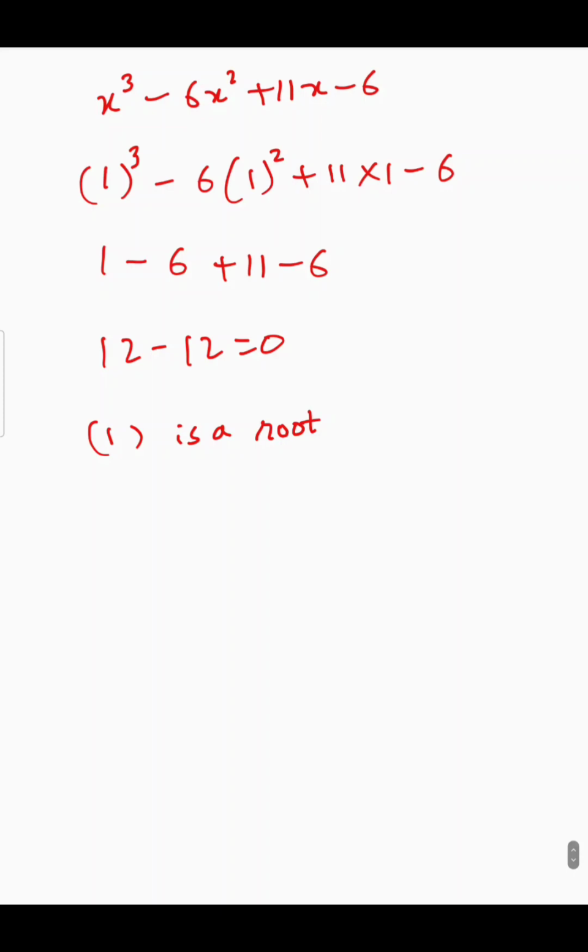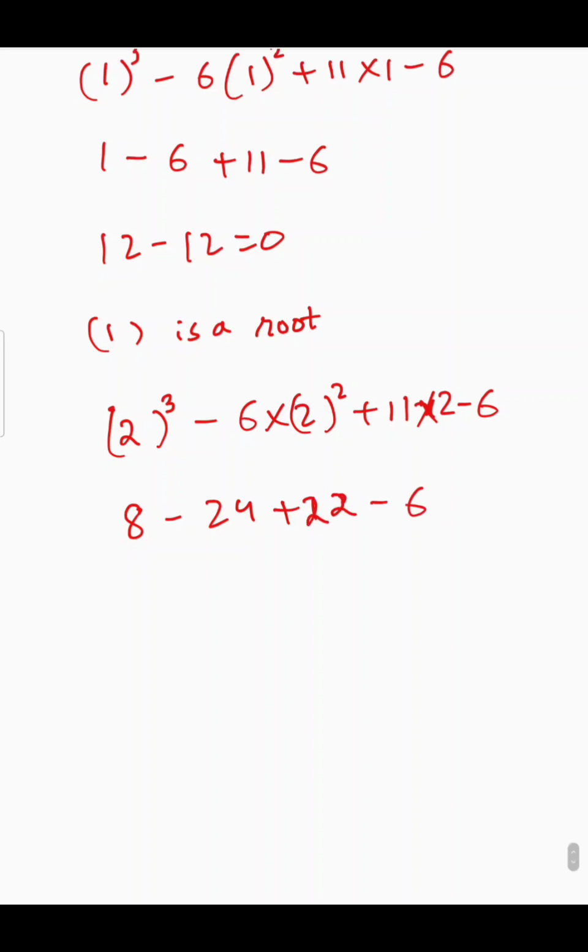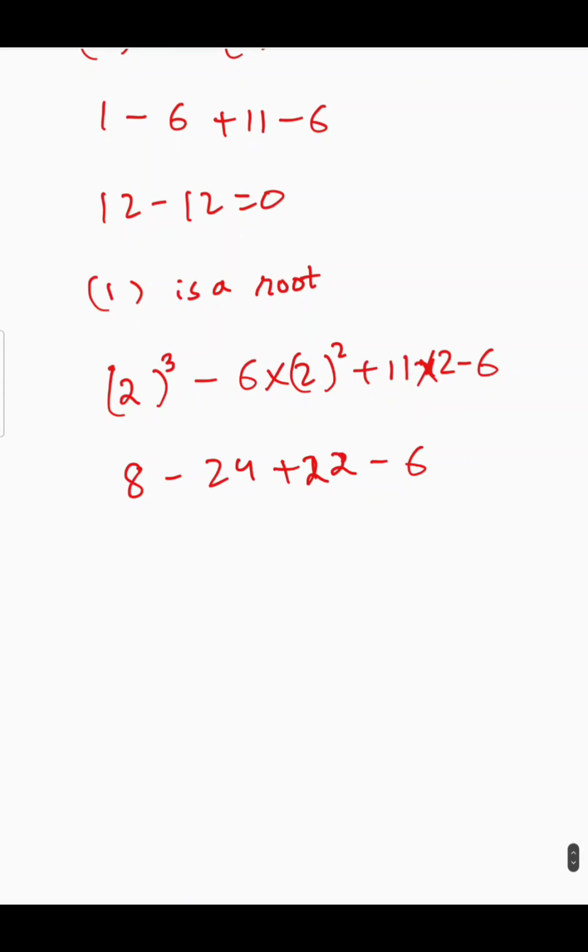Let's check whether 2 satisfies it or not. So 2 cube minus 6 into 2 square plus 11 into 2 minus 6. 2 cube is 8, 6 into 4 is 24, 11 into 2 is 22, minus 6.